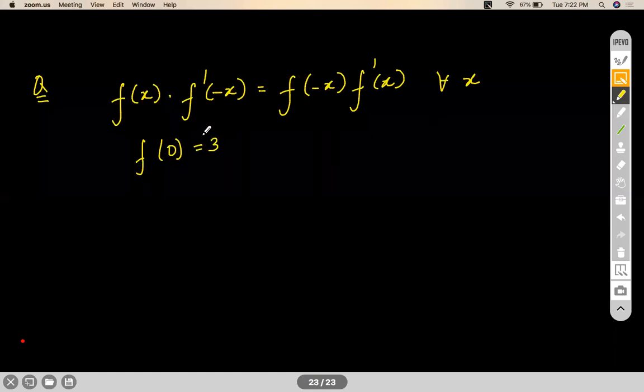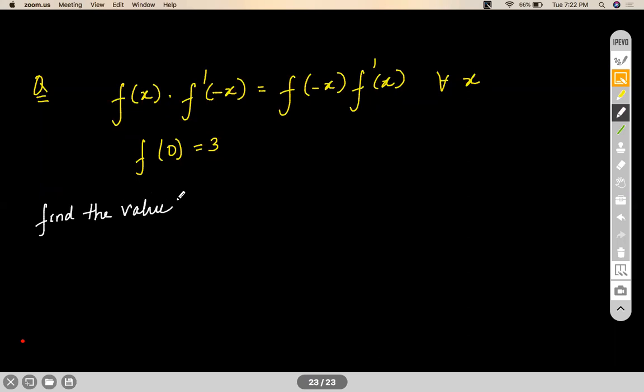Okay, it is given that f of 0 is 3. Question is, find the value of the integral from minus 51 to 51 of 1 upon 3 plus f of x.